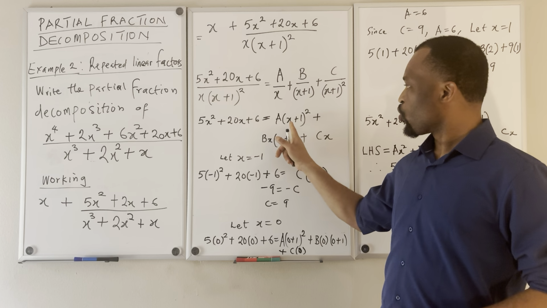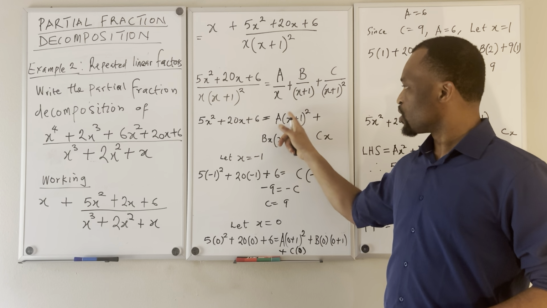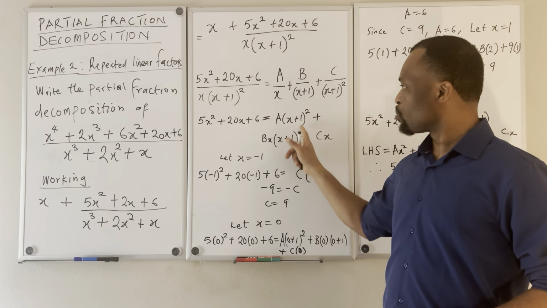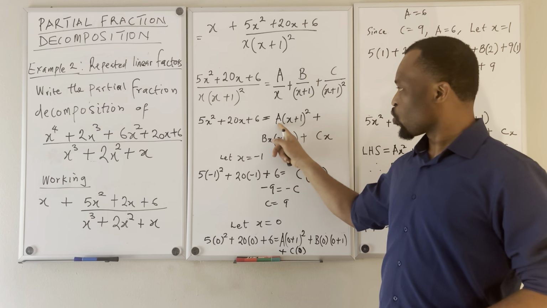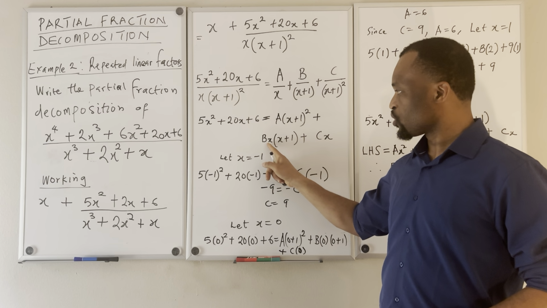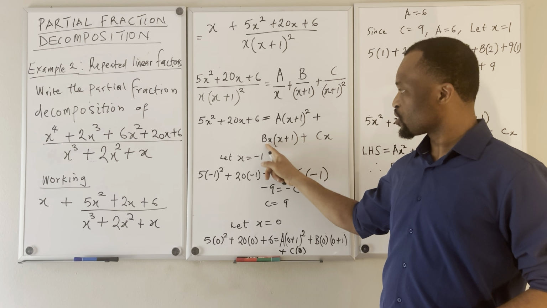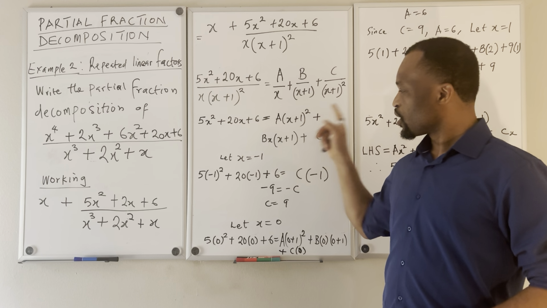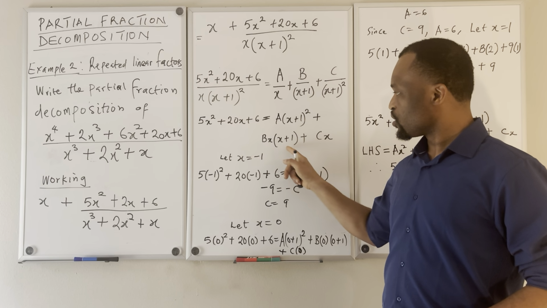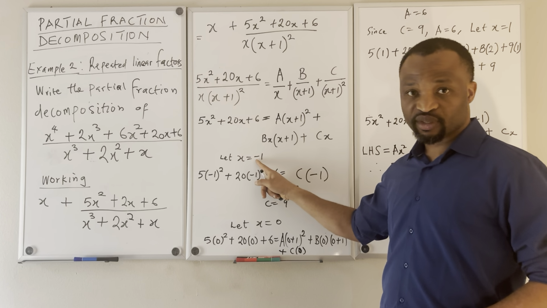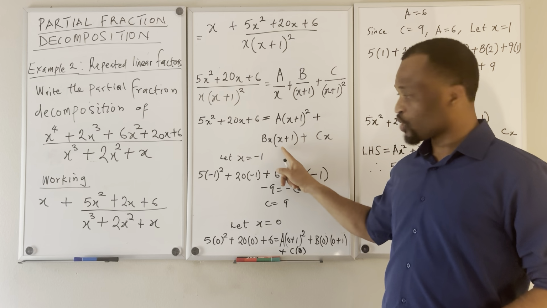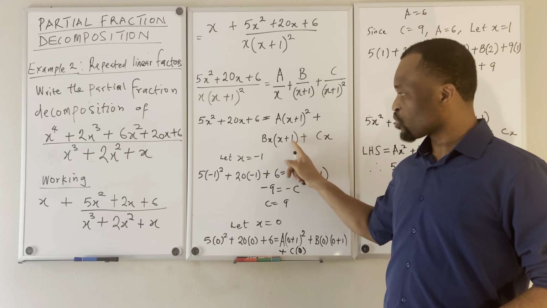So what value would make me have 0 in this bracket, or 0 here, or 0 here? If my aim is to eliminate this or this, the value that will give me 0 in this bracket will be x equals minus 1. When I put in x equals minus 1 here, I'll have minus 1 plus 1, and that's 0.